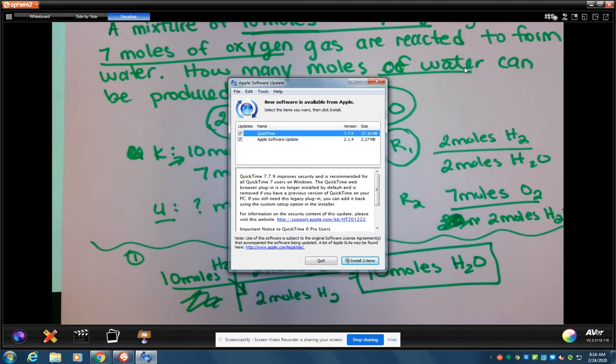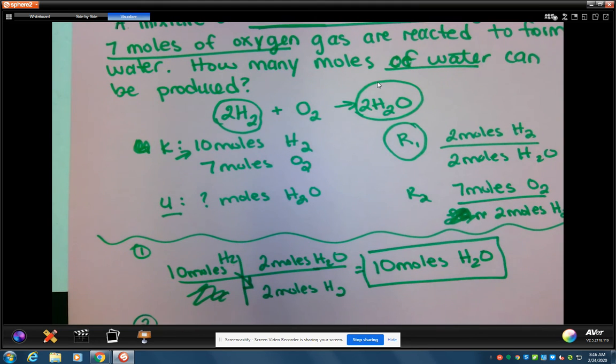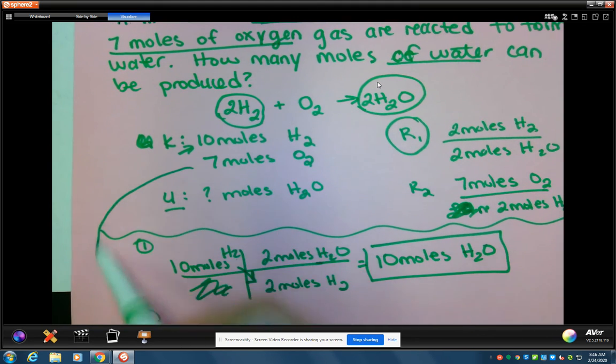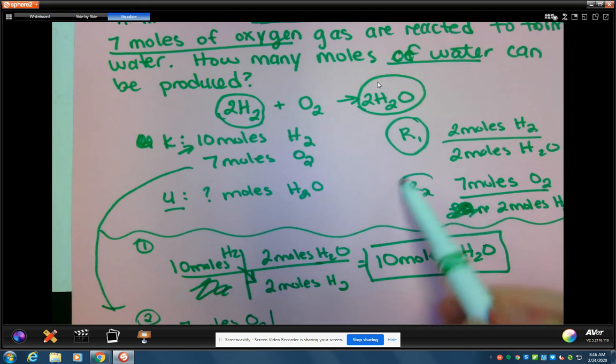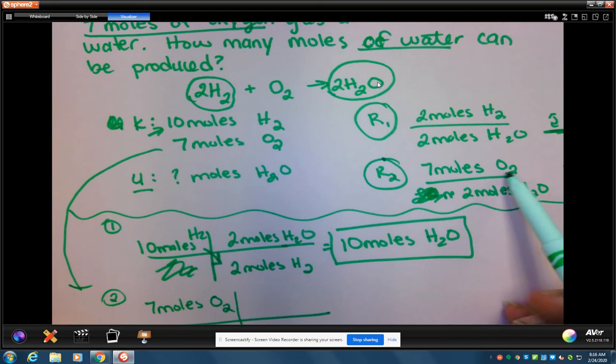Now we're going to, hopefully you caught all that because I don't know when that popped up. So now we're going to work it out the second time, but with this one. So we're going to start with 7 moles of O2. We're going to go to my second relationship. Again, I need to flip it because I need that O2 to be on bottom.